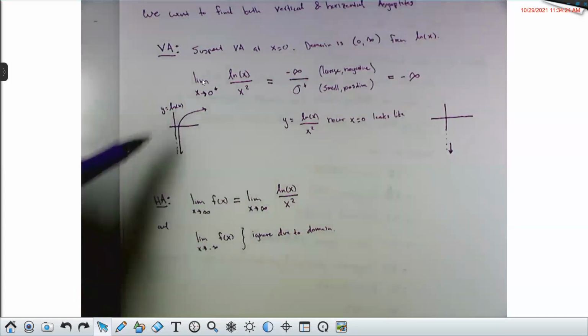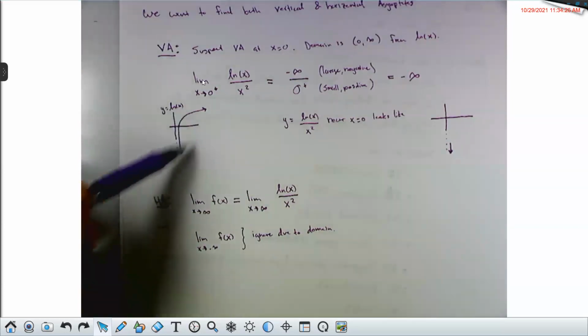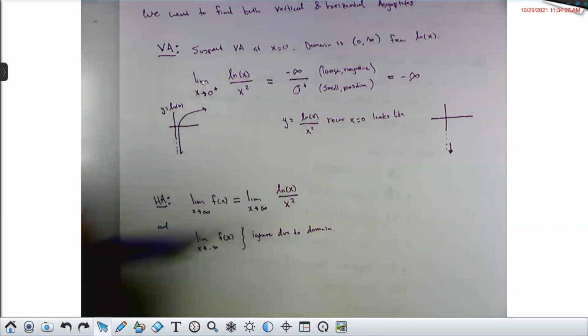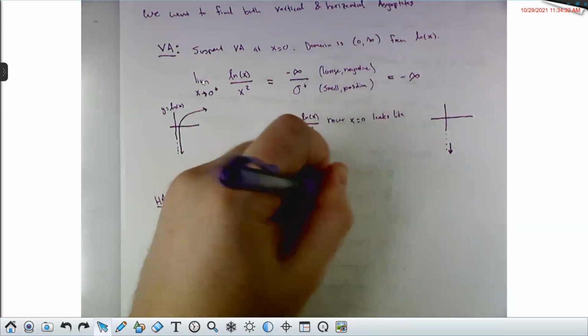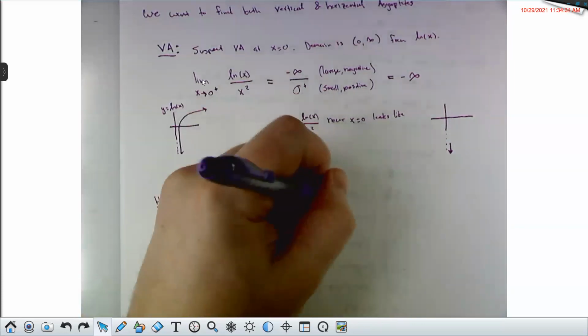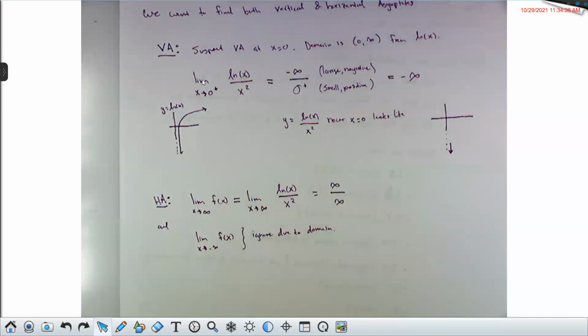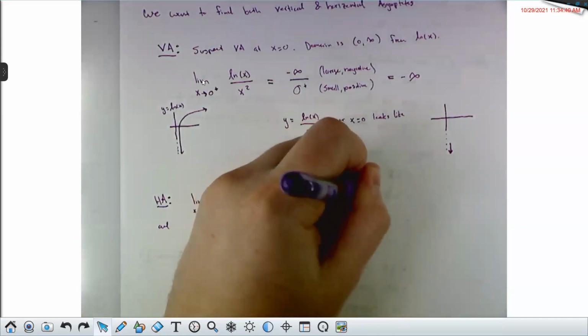And again, thinking about the graph y equals ln x, just this guy, the top goes to infinity. And downstairs, if you square infinity, you get infinity, right? So this is an infinity over infinity thing. So we're going to use L'Hopital's rule.